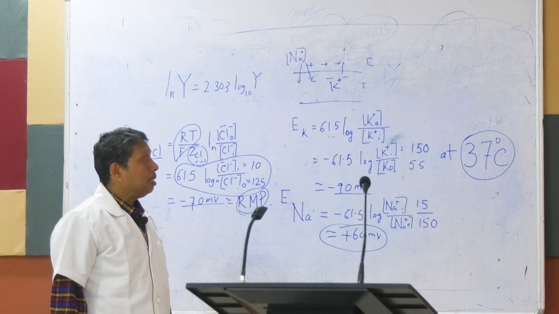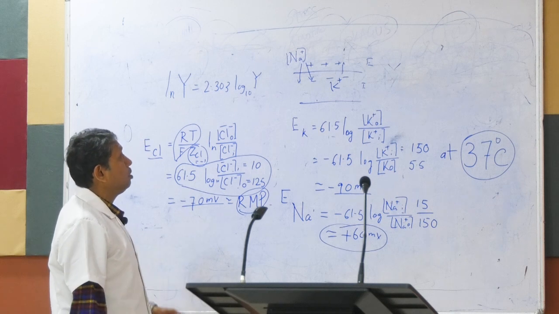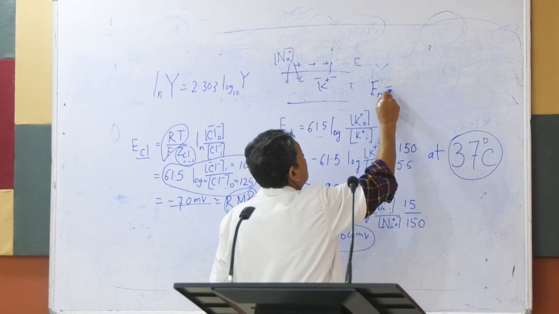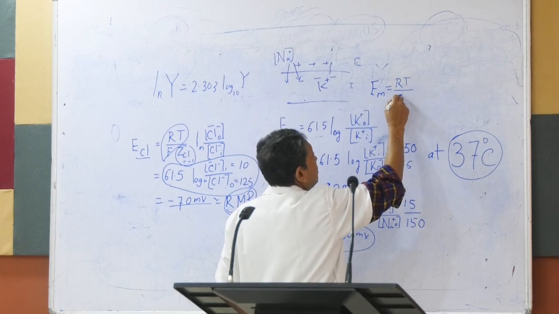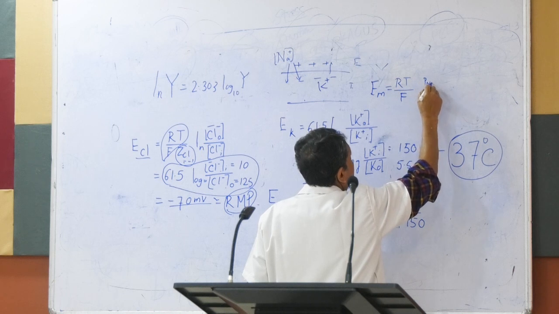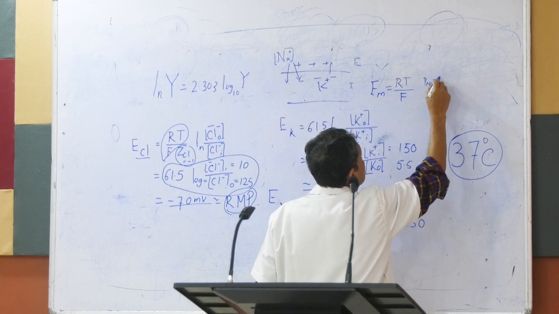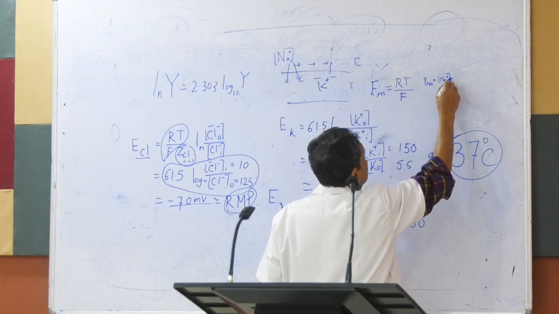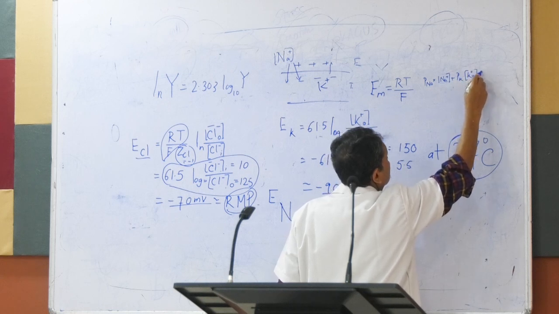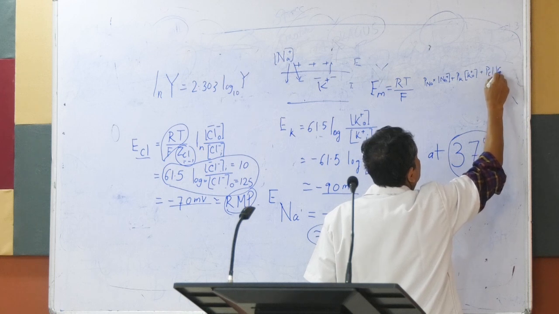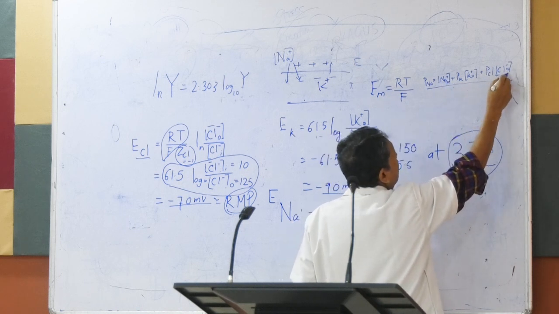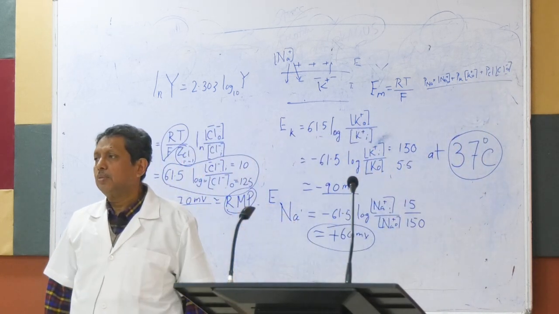In the Goldman constant field equation, you will find that the membrane potential, EM or VM, equals RT over F times the log of the ion concentrations weighted by permeability. You have to cross-check the inside and outside placement, as it is reversed for chloride.